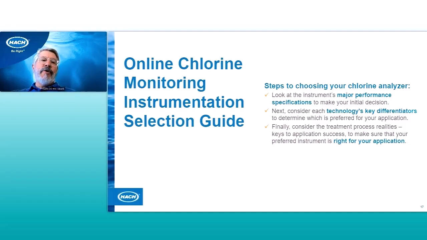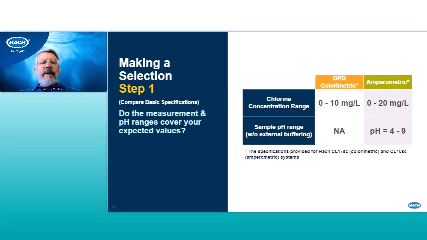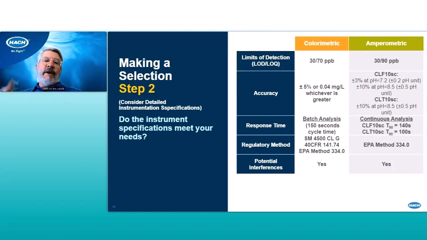So we can go through choosing your sensor. Step 1, take a look at the concentration range and the sample pH range. Step 2, I won't read all these to you, but look at the limit of detection and limit of quantitation, and also the response time, as well as the regulatory method you might need.